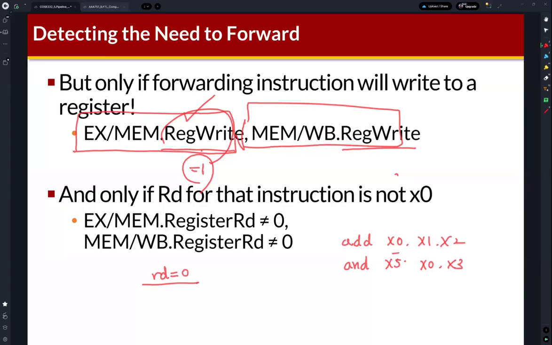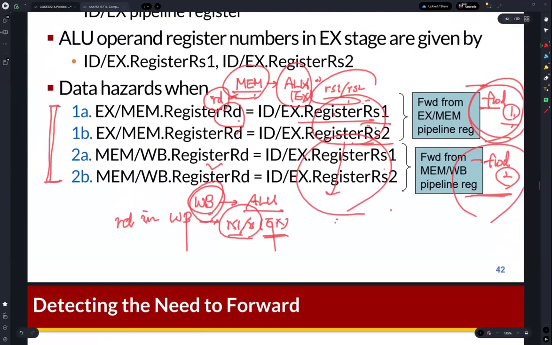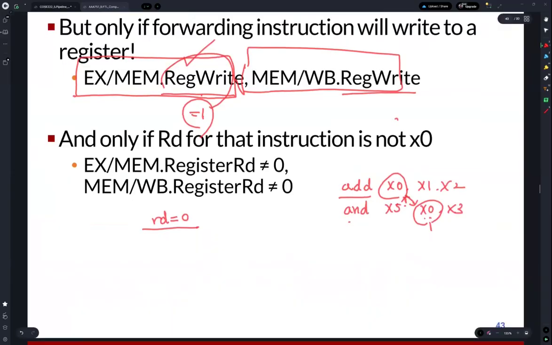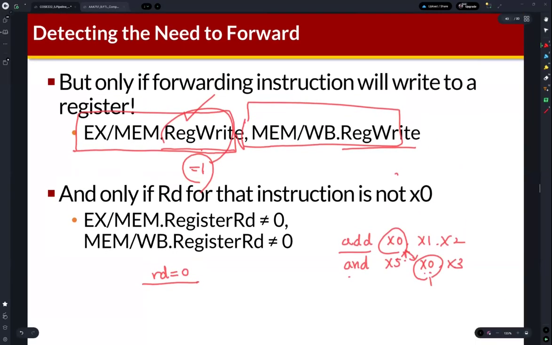You can find the data dependency between this x0 of the add and then x0, which is RS1 of the and, right? So based on this condition, or this condition, then this is the data forwarding case, right? But we must not check the data forwarding in this case, right?